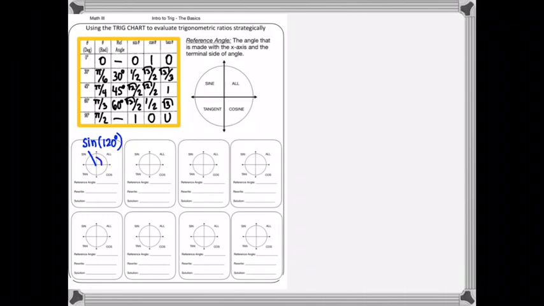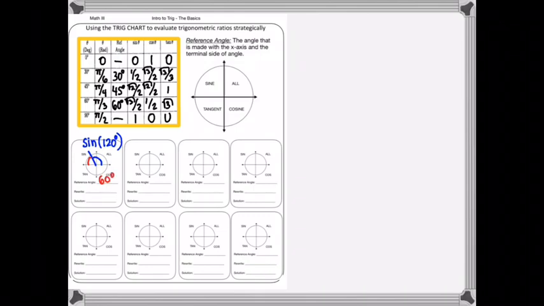So here's our 120 degrees. Now, if that's 120, we know that our reference angle is what's left over to make 180, so this is going to be 60 degrees. So we have a 60 degree reference angle.